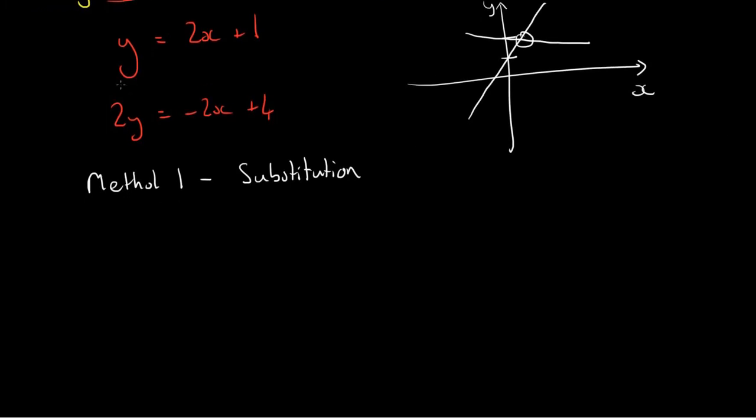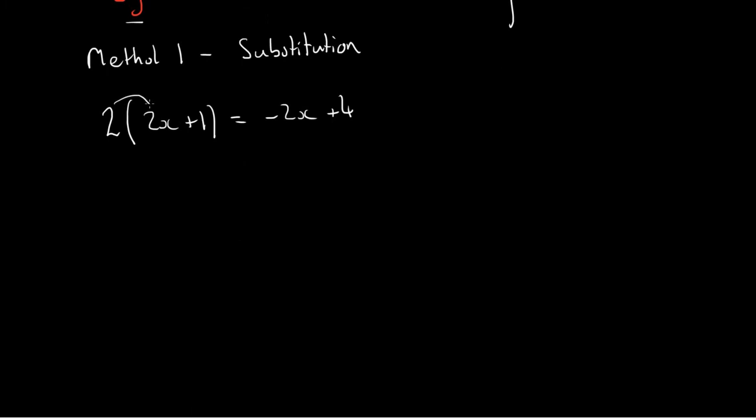Conveniently, if you notice, the first equation has got y, one of the variables, in terms of another one of the variables. So we can conveniently substitute this y value into this equation and generate an equation that has only x values in it. If we do this, we get 2 times y, but according to this equation, y is 2x plus 1. So it's 2 times 2x plus 1, and that is equal to minus 2x plus 4.